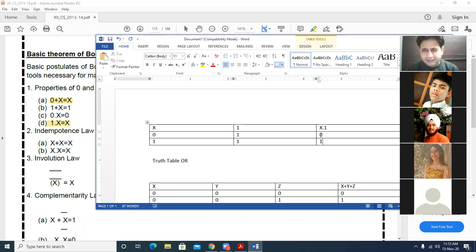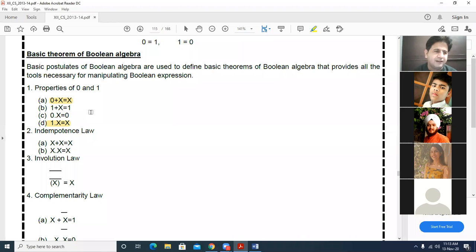Look at here, this is exactly equal to the first column, so that's why x and 1 is always x. This is the property of 0 and 1. In your exam there is a question like this: prove the property of 0 and 1. So you will draw the table, that is it, it means you will prove this equation with the help of a truth table.